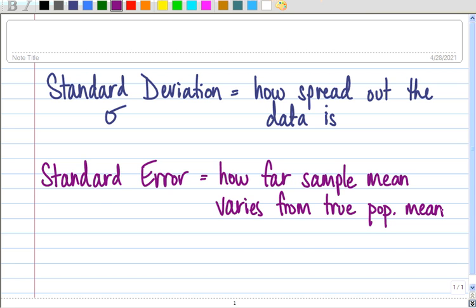And that's a calculation. Standard error typically is just SE. You're going to do that calculation, or an online calculator is going to do it for you with today's experiment.